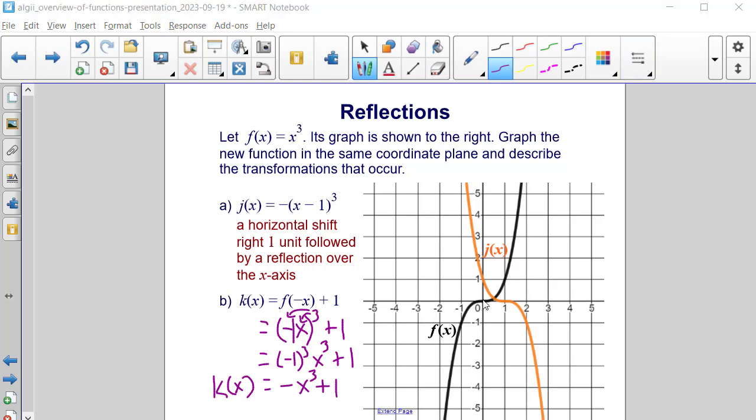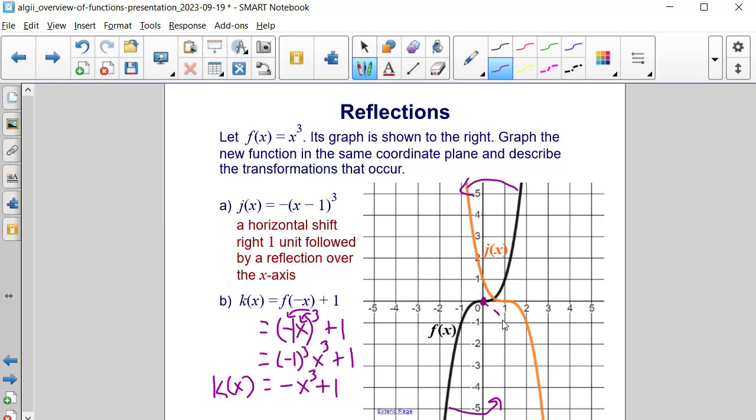When we graph this function, our original starting point is the origin before it goes up and down on both sides. When we do this reflection, it's occurring over the y-axis, so we're flipping it this way, and we're flipping this side this way.